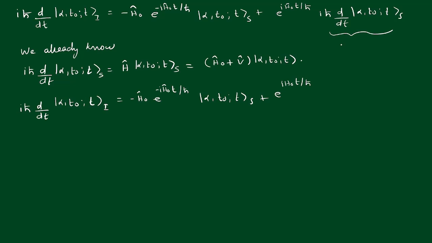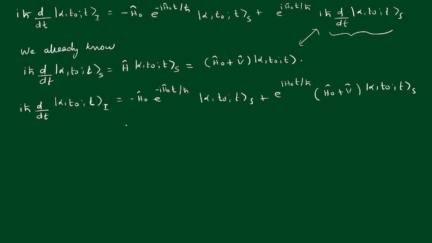This i h cross d by dt, I will now write as H0 plus V, using this equation, acting on alpha t0 t in the Schrodinger picture. Is that fine? Actually, we have a cancellation here.